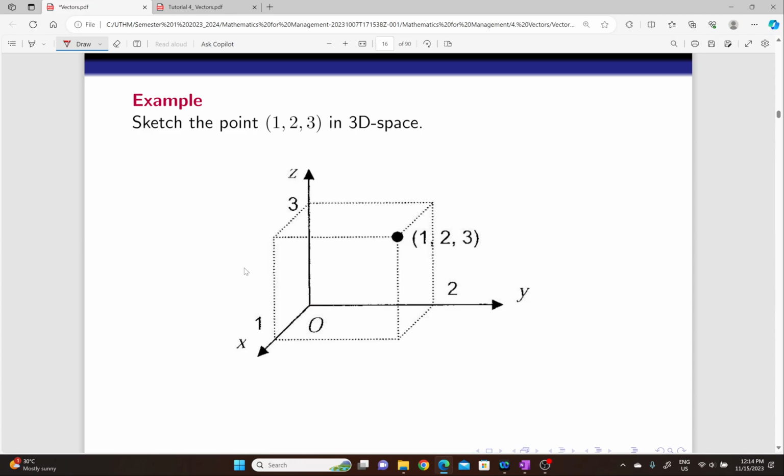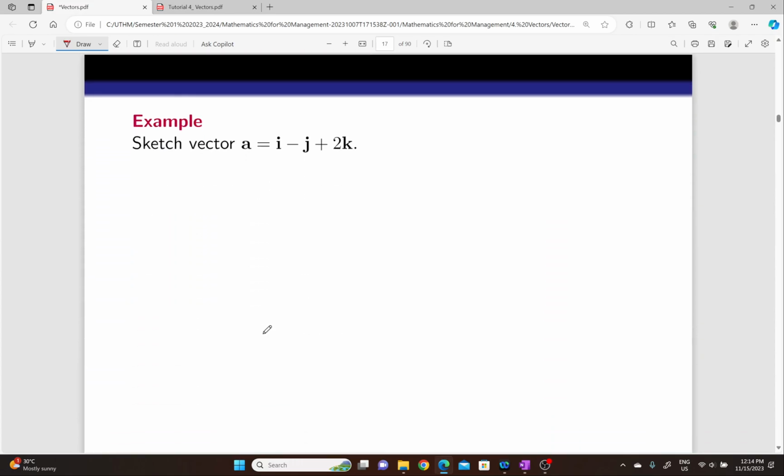If I want to draw a vector, as I told you just now, this one we can write it as 1, -1, 2. We're going to use this notation for vector.